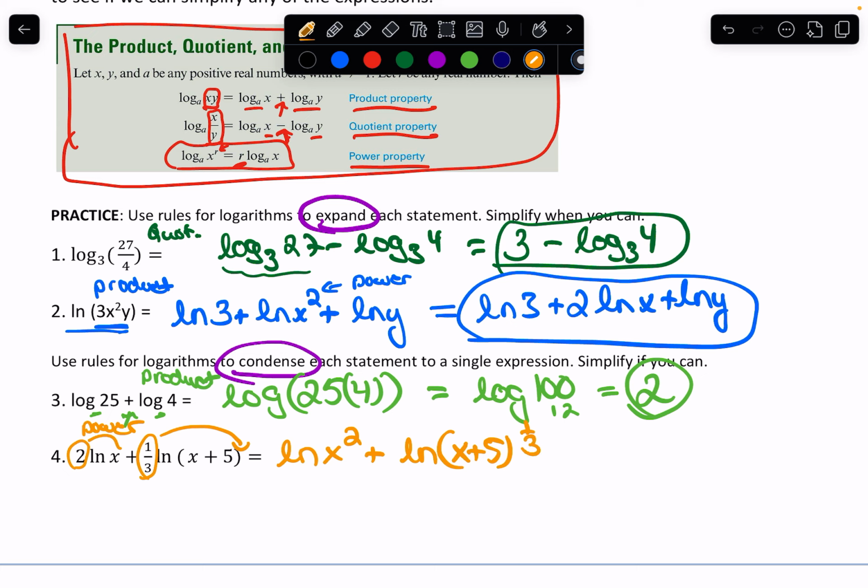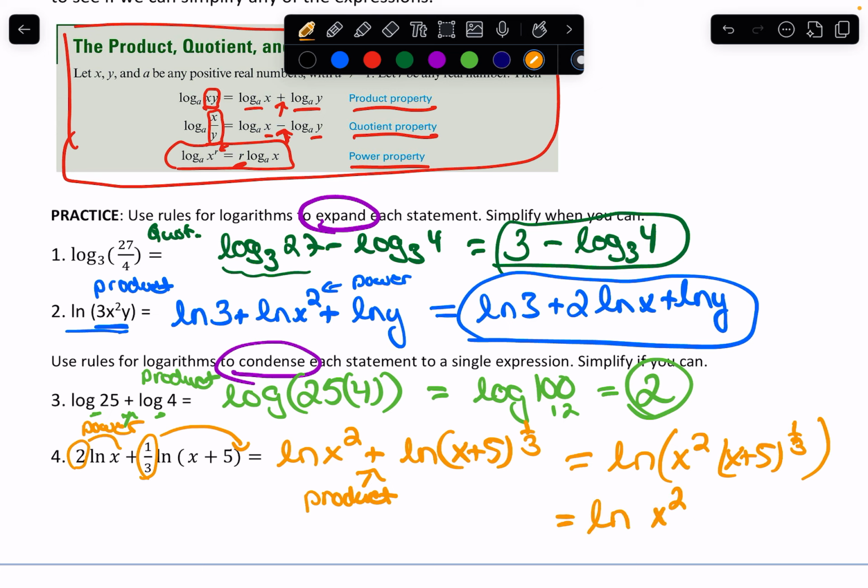Now, our next step is that we have the plus here, so we can actually use the product property backwards, from right to left. So, natural log of x squared times x plus 5 to the power of 1/3. And we can leave it in this form. Also, we can remember that 1/3 is a cube root, so we can do cube root of x plus 5 like this.